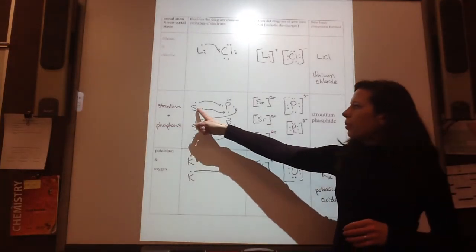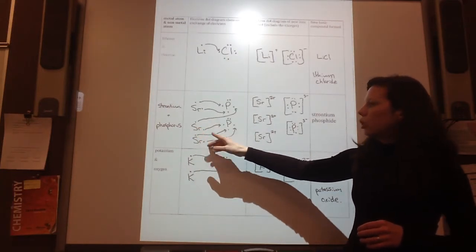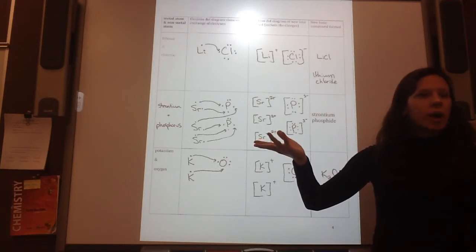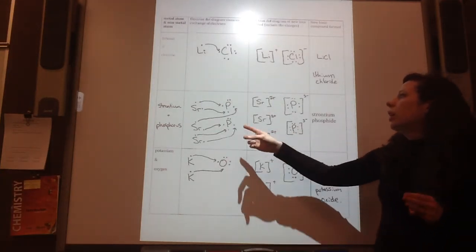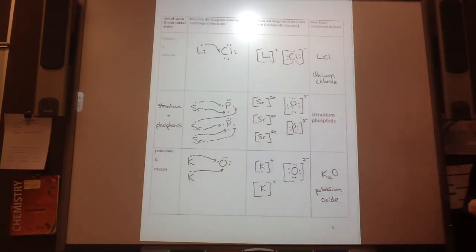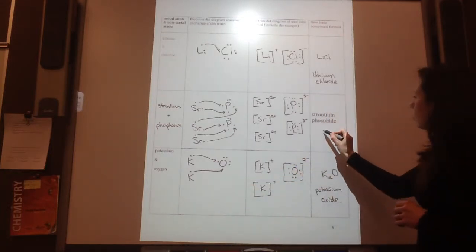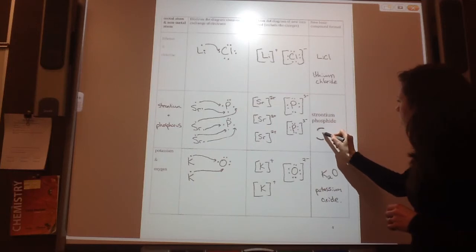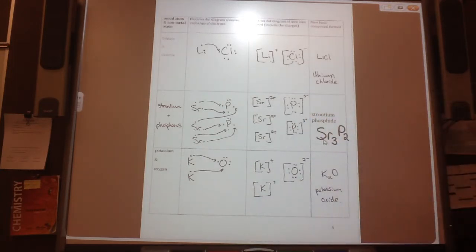So this one we end up with 3 strontium. Each of them give away 2 electrons. Your arrows can point to different spots than mine, just as long as you have 3 strontium, each giving away 2. And you have 2 phosphorus, each receiving 3. Oh, and I didn't write my formula here. So it should be Sr3P2, strontium phosphide.